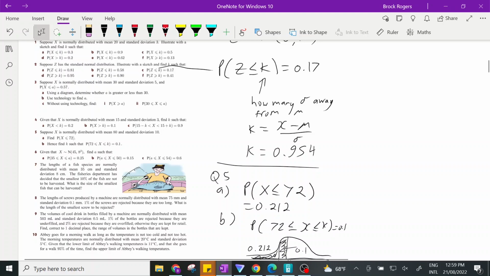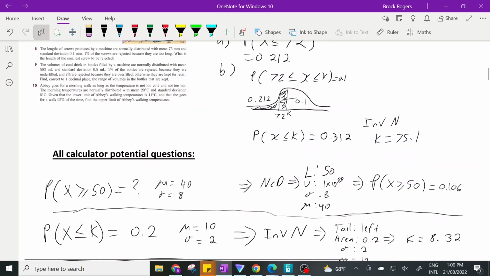It's how many standard deviations the x value is away from the mean. Sometimes we just want the k value in this position with the z, you just want how many standard deviations away you are. But you can also use this, if you put this 0.954 on the left-hand side of this equal sign, you can imagine that if we have the x value and maybe the standard deviation, you can actually solve for the mean. So let me show you what that looks like in a second.